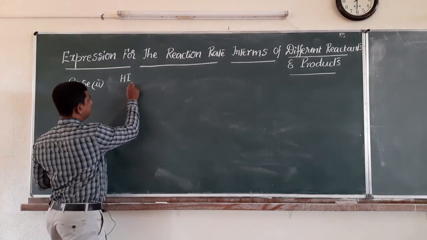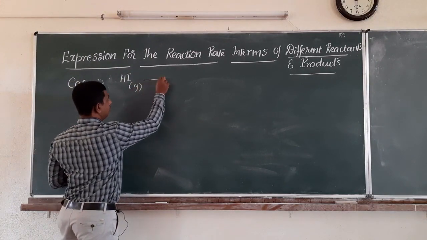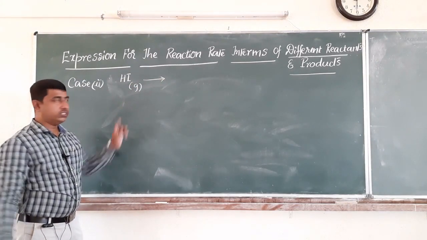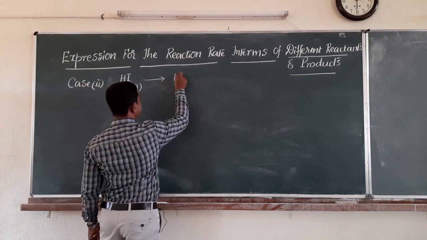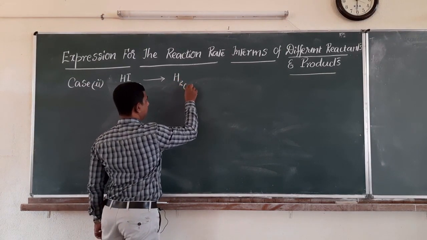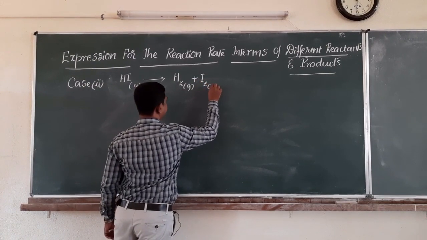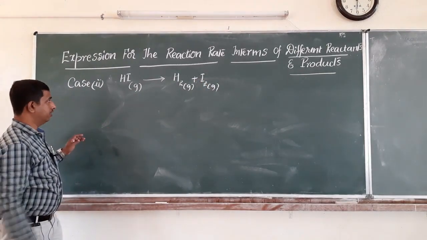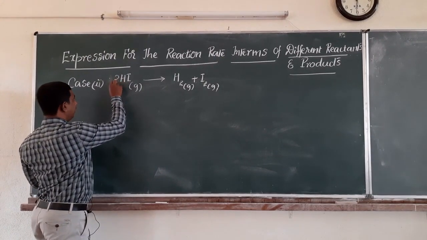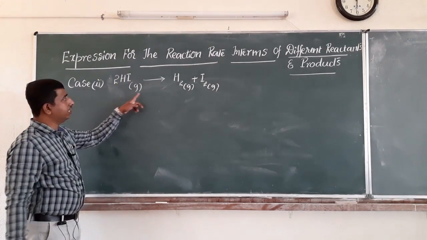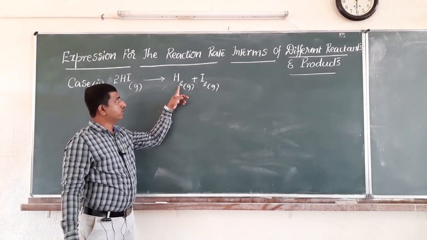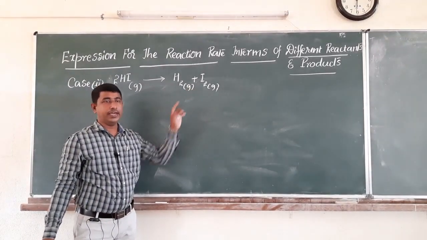Hydrogen iodide dissociates to give hydrogen and iodine. While balancing the equation, I have to write 2 here. That is, 2HI dissociates to form H2 plus I2.